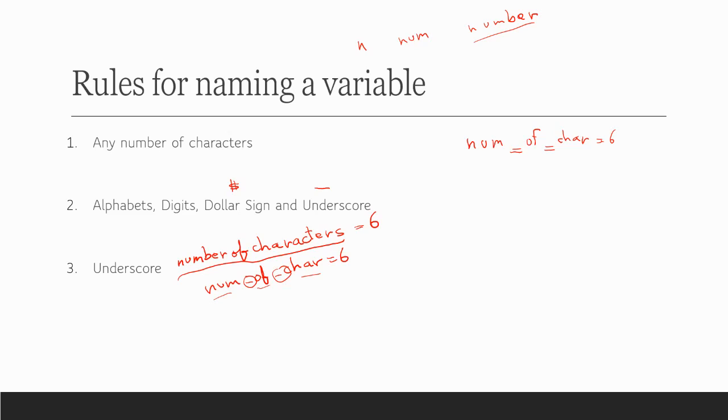The fourth and the last rule of naming a variable is that the variable name should be meaningful, which easily depicts its purpose, as I said before. So let us say that you want to store your name in a variable. The most meaningful variable name would be name, or you can also keep it as nm or n for short.